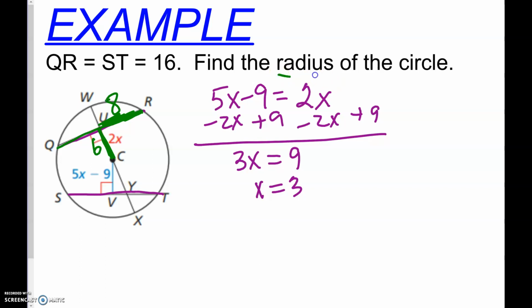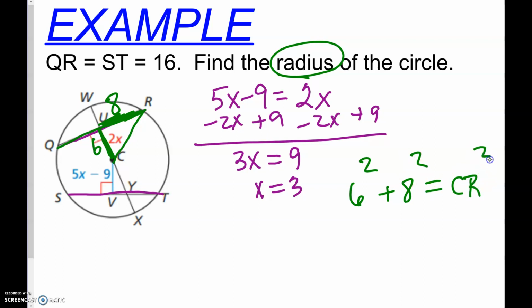We're trying to find the radius of the circle. So if I connect C to R, is that my radius? And now do I have a right triangle here, UCR? So can't I use my Pythagorean theorem? 6 squared plus 8 squared is going to equal CR squared. So we have 36 plus 64, so we've got 100 equals CR squared.